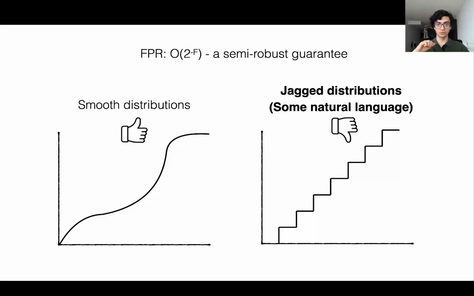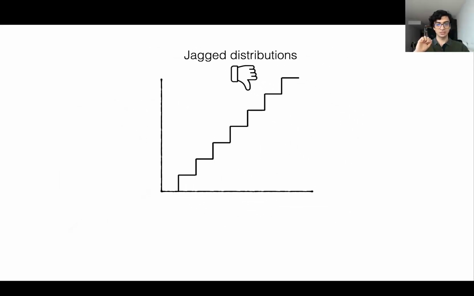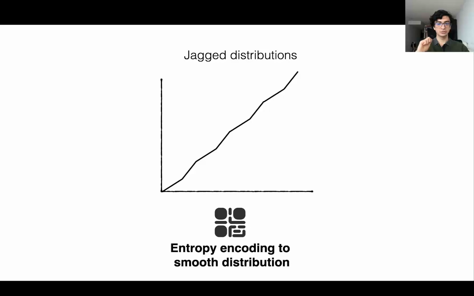We have actually observed jagged distributions in some natural language data. What's interesting is we've actually observed that if we apply entropy encoding to compress the input keys before constructing a range filter on them, that is going to implicitly smooth out the distribution and allow Diva to work its magic.